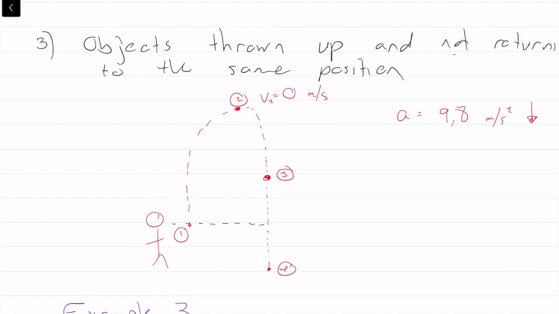We know that any 2 points that are at the same height have the same speed. So let's say we have point 5 here. The velocity at 5 is equal to the velocity at 3 because they are at the same height, but obviously with opposite direction.